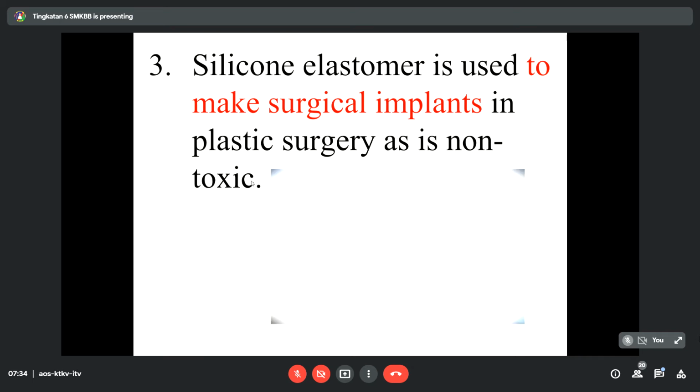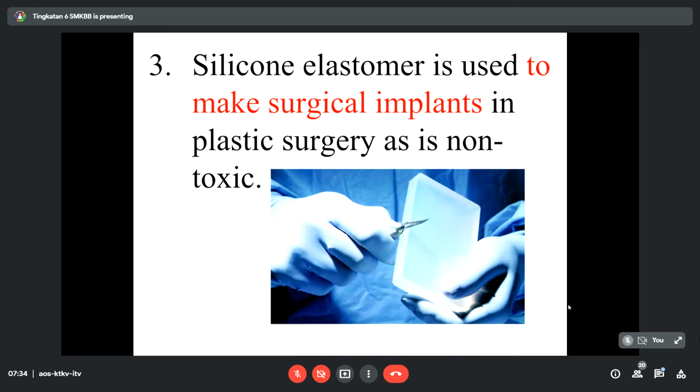Of course, surgical implants sometimes are not because you want to look more attractive, but sometimes due to accident. Let's say you lost part of your flesh, a whole piece of flesh is gone. Of course, you need to fill that part, or it may look ugly, or make you look weird. Then how to fill in? Fill with silicone.